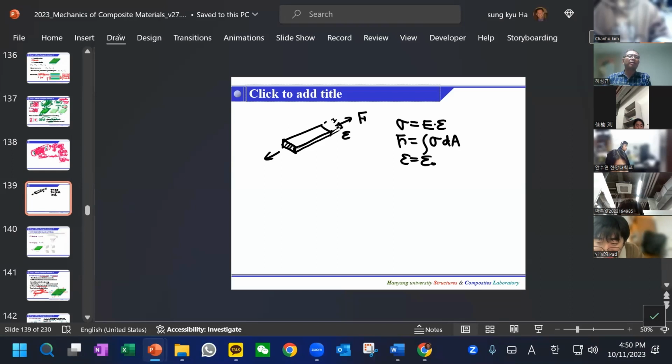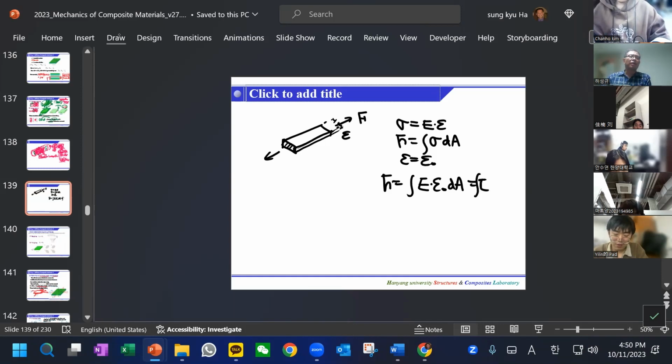So if we combine them, then F is the force with the stress E epsilon, but epsilon will be uniform, and the integration. Now, integration, what does it mean here? The Young's modulus through the thickness can vary.